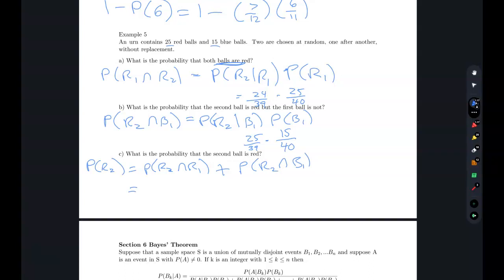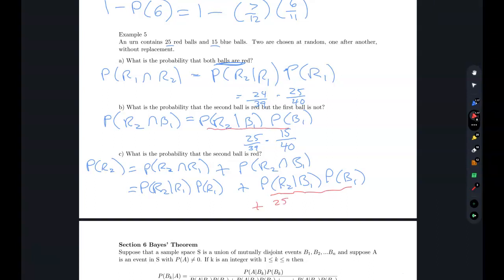Let me write one more step here: R2 given R1, times the probability of R1, plus the probability of R2 given blue is the first one, times the probability that blue is the first one. Look at that, this right here is this right here. So this is 25 over 39 times 15 over 40. And then this one here is this one here, and so that would be 24 over 39 times 25 over 40.